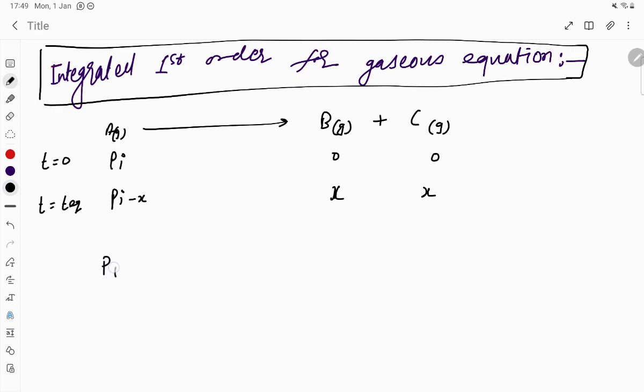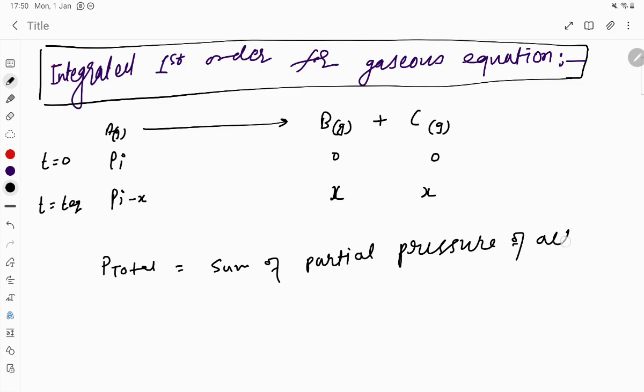Now P total, student, P total means what? It is the sum of partial pressures of all components at equilibrium.